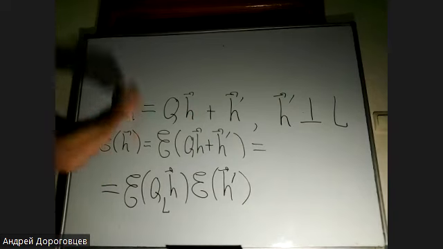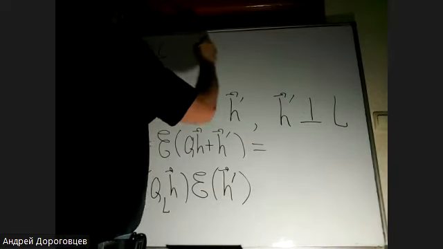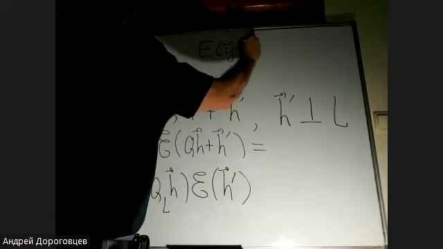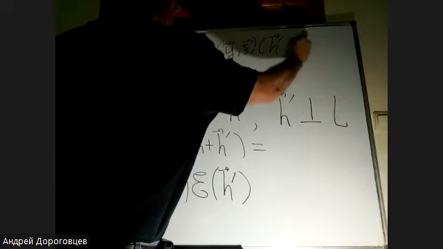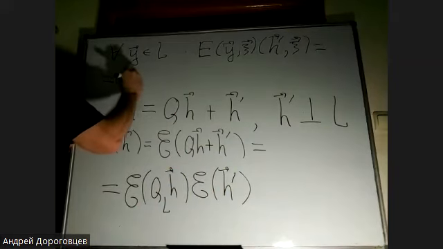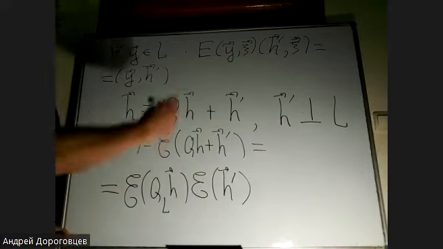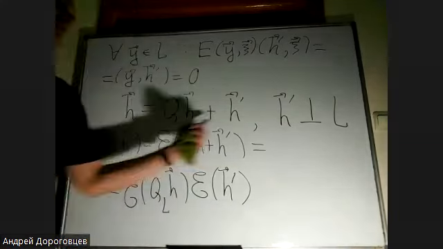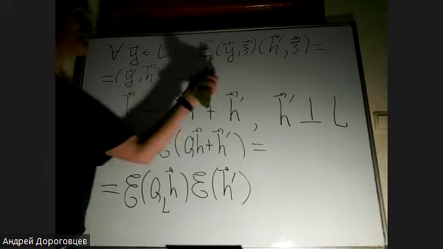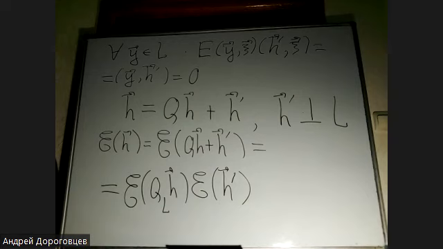So if I take any y which belongs to L and consider the expectation of the product of such two variables, (y, ξ) and (H prime, ξ), it will be equal to (y, H prime), because the covariance of the vector ξ is identity, and it is equal to 0 because we have such a decomposition of the initial vector H. By the way, these two jointly Gaussian random variables have 0 mean, so here is their covariance. It is equal to 0.